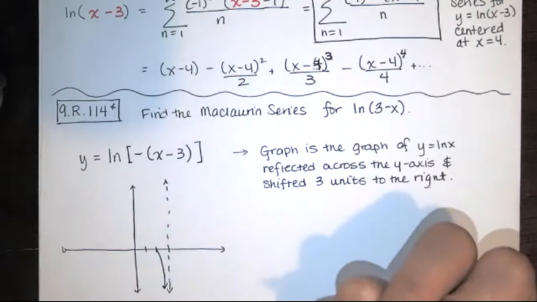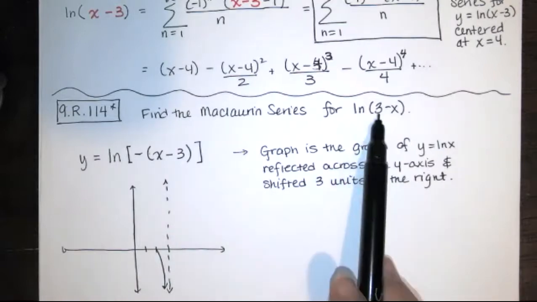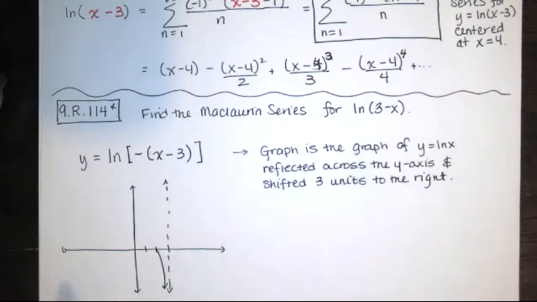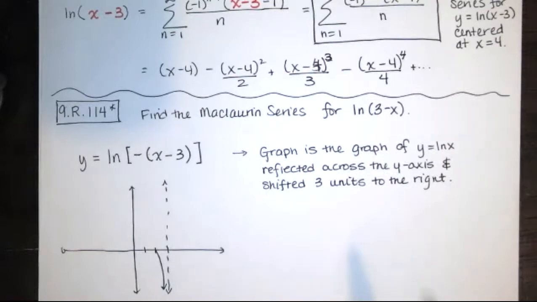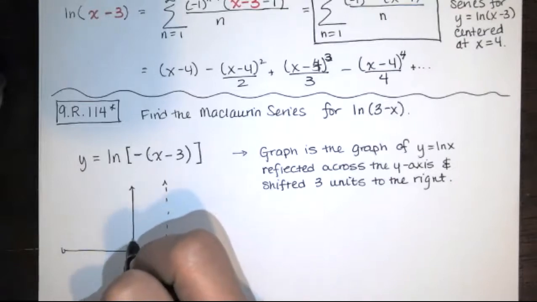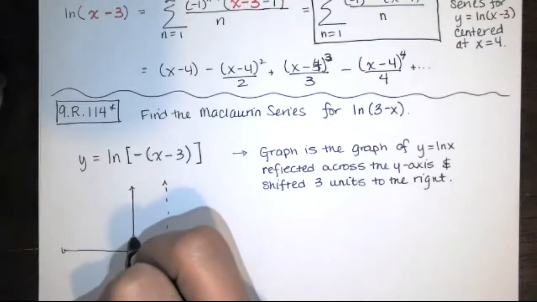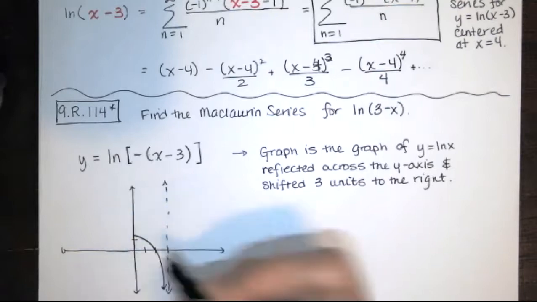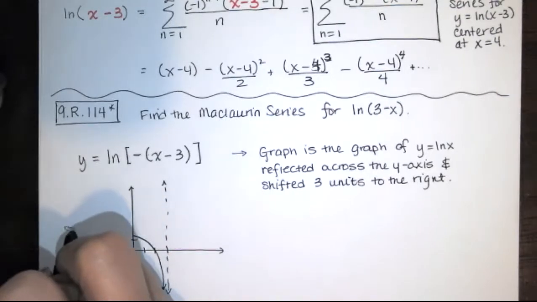So it's reflected. When x is equal to 0, we would get natural log of 3, and I'm not even sure what natural log of 3 is. Well, natural log of e would be 1 because e to the first power is e, and e is about 2.7. So it's a little bit more than 1. So I'll just draw my graph that way.